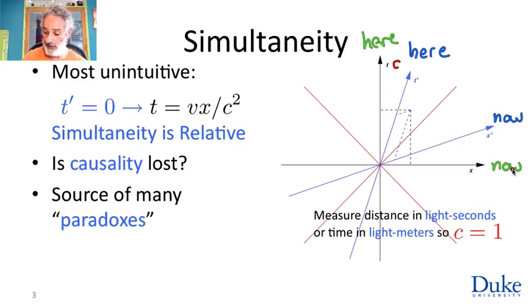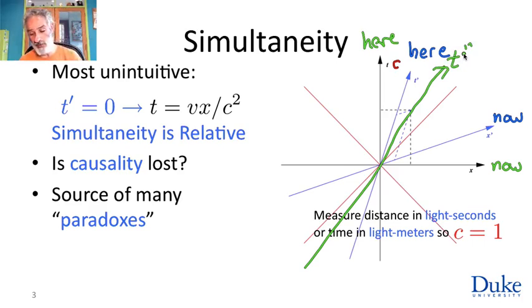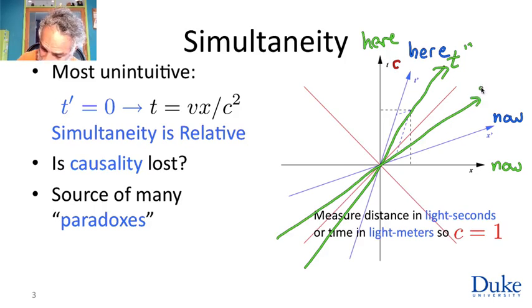So if you have a green observer who is moving faster than the blue observer, that means their t double prime axis will be tilted farther away from the vertical, then so will their x double prime axis be tilted farther from the horizontal. This is the geometry of the Lorentz transformations that we wrote.